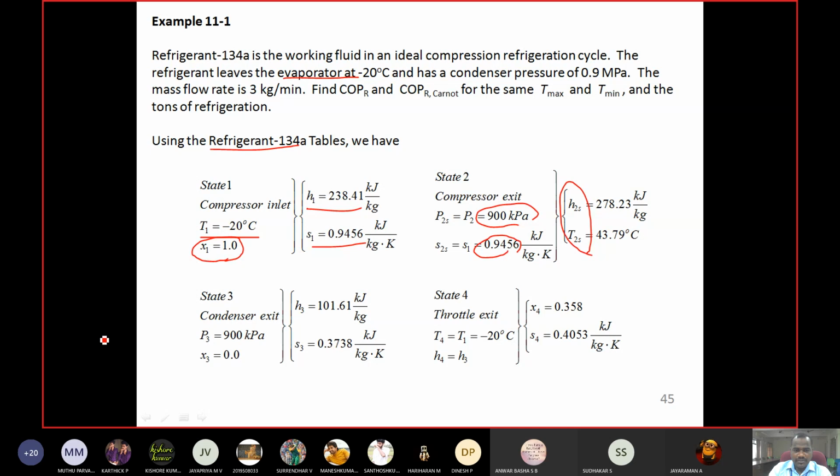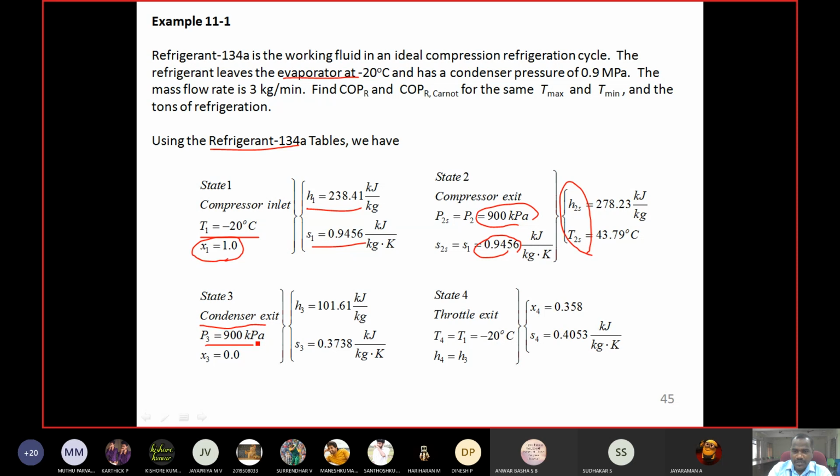Then the exit pressure is given, so the state 3 pressure will be the same. Yes, this is the condenser exit pressure, and the pressure won't change in the condenser process, so P2 is equal to P3, and P3 is 0.9 megapascal.